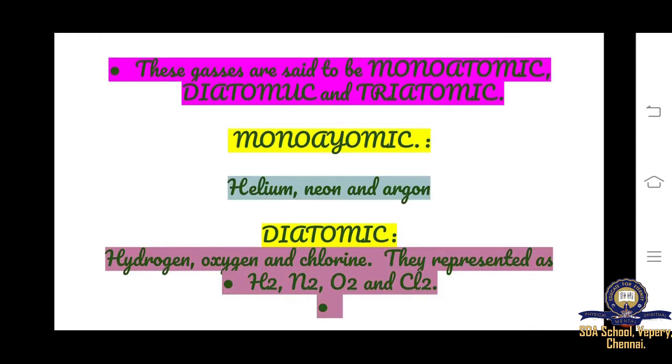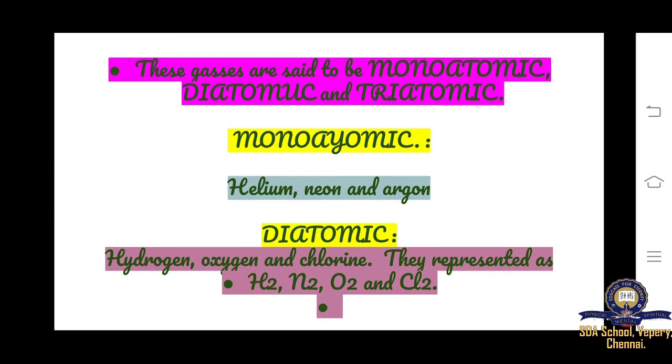These gases are said to be monoatomic, diatomic and triatomic. So what is monoatomic? Here in the noble gases, helium, neon and argon are monoatomic in nature. Next, diatomic. Hydrogen, oxygen and chlorine are diatomic in nature.